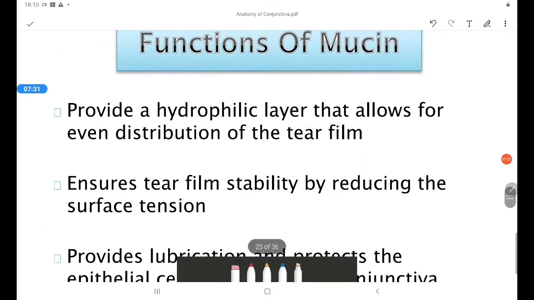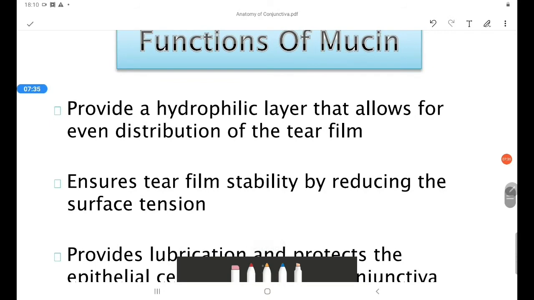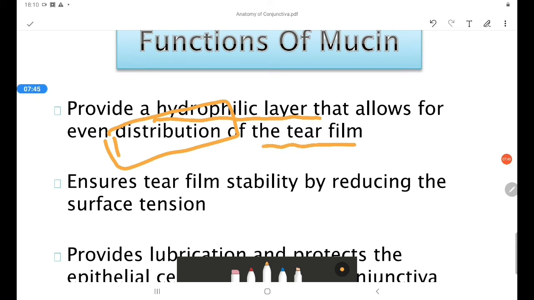Well, why do we have mucin? What are the main functions of having a mucin layer for the tear film? It forms a hydrophilic layer, whose main role is the equal distribution of the tear film. That means if you have the mucin layer here, wherever the tear film is, it is the role of mucin to make sure that it is uniformly distributed all around the cornea and the conjunctiva.